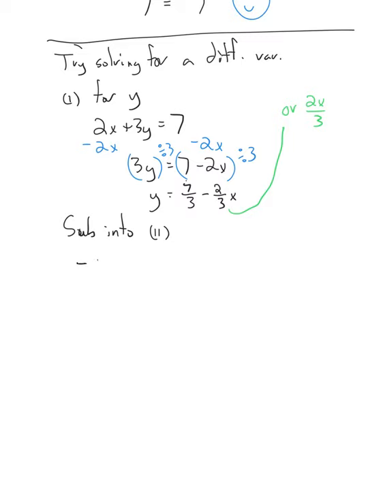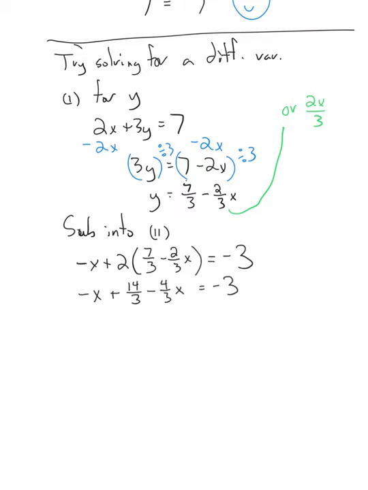So it was negative x plus 2y, but remember y is 7/3 minus 2/3 x, and that equals minus 3. And now we just solve. So negative x plus 2 times 7/3 is 14/3, and 2 times minus 2/3 is minus 4/3, so minus 4/3 x equals minus 3.